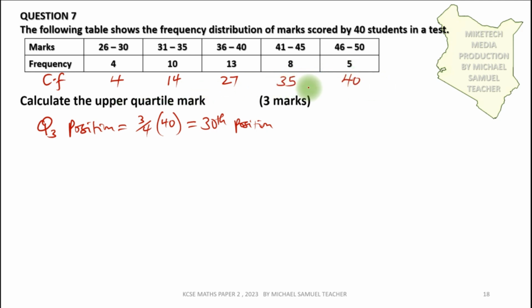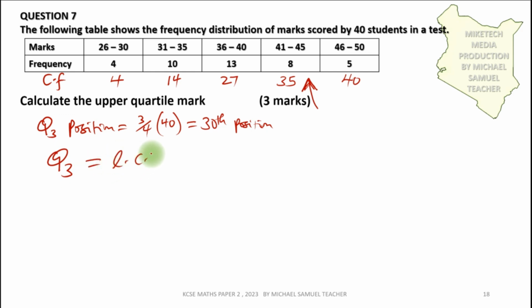So that is the cumulative frequency, and therefore the upper quartile position lies in the 30th position. So 27, that is not inside the 27. So if we check 35, the 30th position will be inside 35. So this is the upper quartile position.